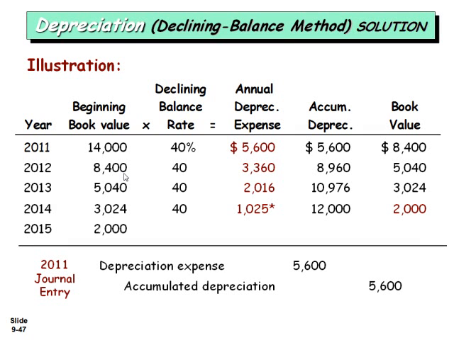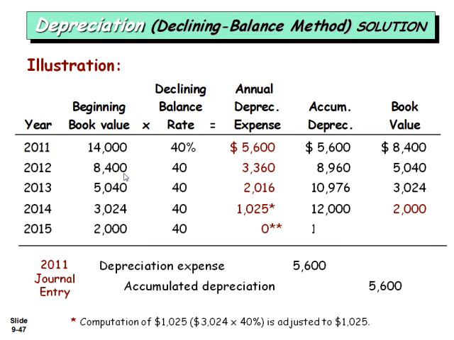Now, there's another twist with declining balance. Declining balance says, yes, you ignore salvage value at the beginning, but you simply cannot depreciate the asset beyond salvage value. So if we took 40% of 3,024, that would calculate to a higher number, which would have taken us below salvage value.